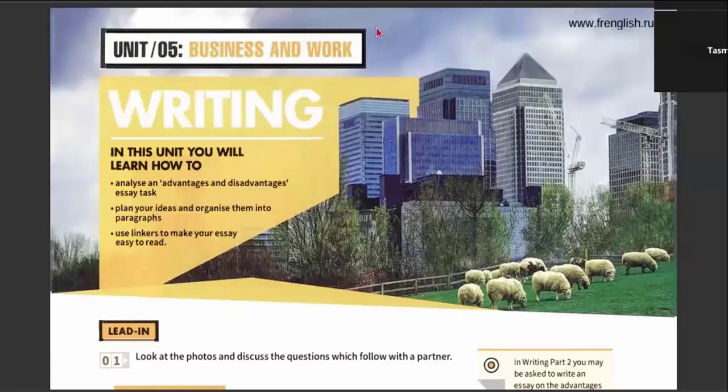So there are many types of essays, right? We have narrative essays, argumentative essays, essays that show advantages and disadvantages only, and there are many more types of essays that might come, and we can write those.